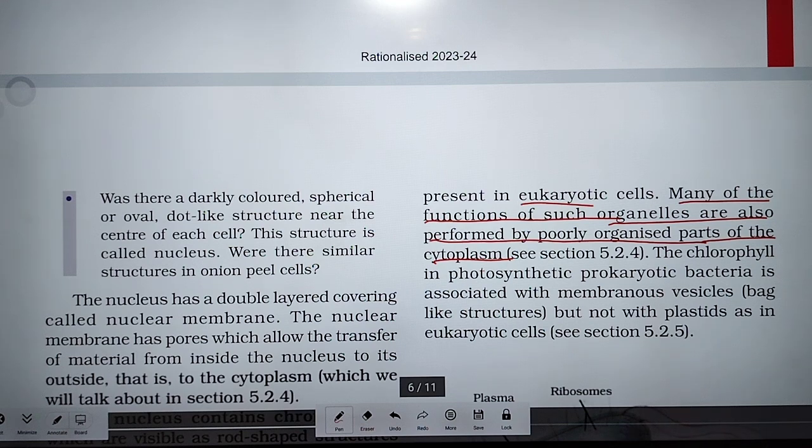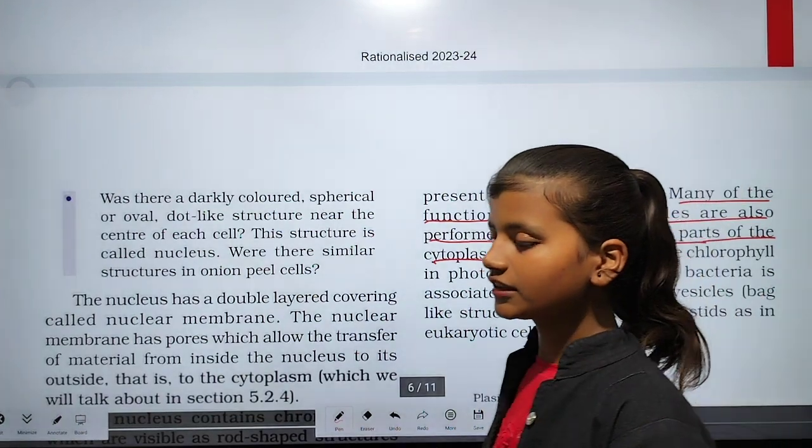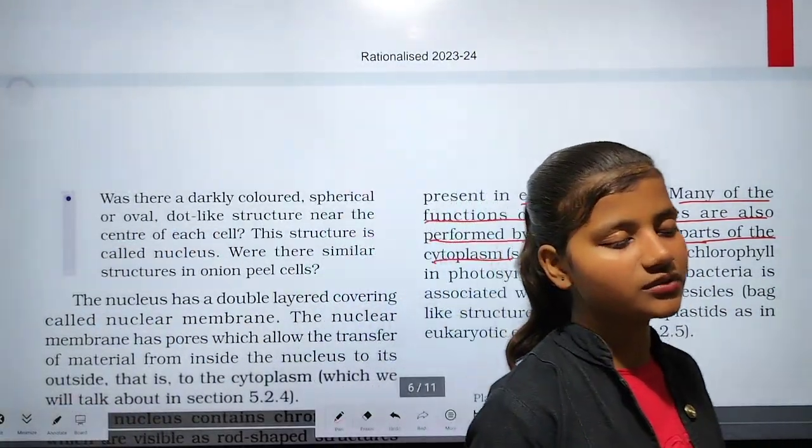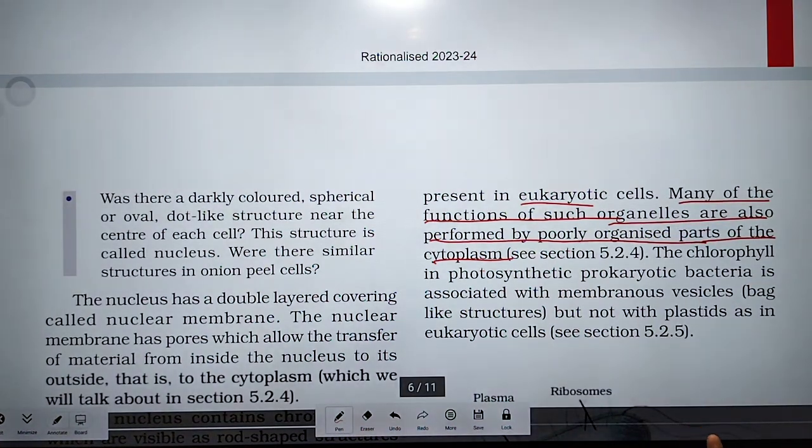If there is no organelle present in the cytoplasm, then the cytoplasm performs very poorly.